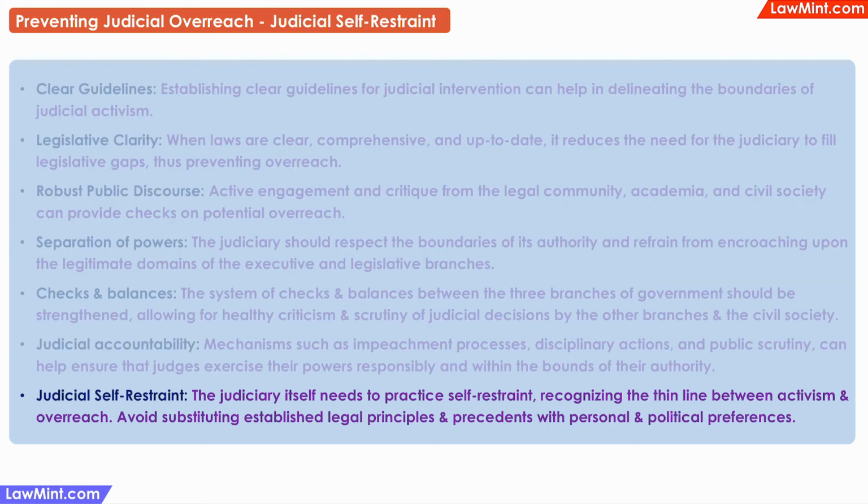The most important factor in preventing judicial overreach is judicial self-restraint. Self-restraint is nothing but self-control, which means that the judiciary itself needs to practice self-restraint, recognizing the thin line between activism and overreach. And the judges should avoid substituting established legal principles and precedents with their personal and political preferences.